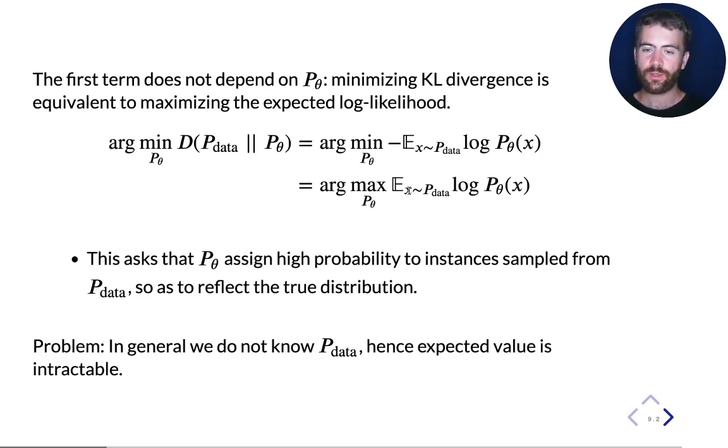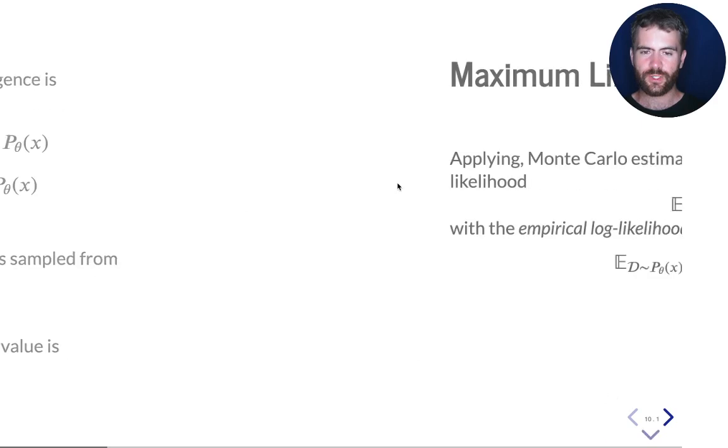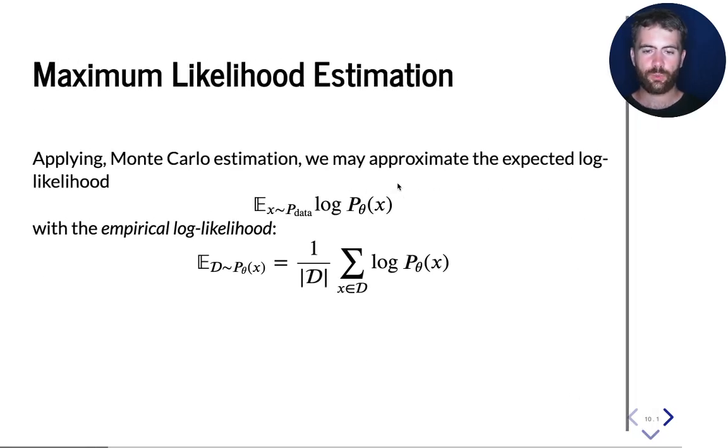However, we have samples from the data distribution, and therefore we can use the Monte Carlo principle to approximate this expectation with the empirical log likelihood, where we have drawn a random data set of D points. This is simply our usual log likelihood objective that we would maximize.